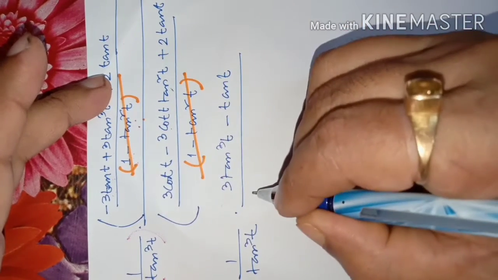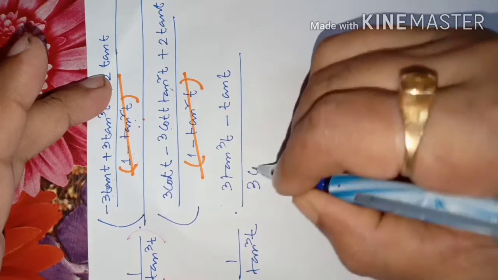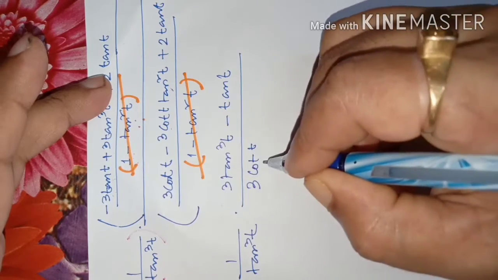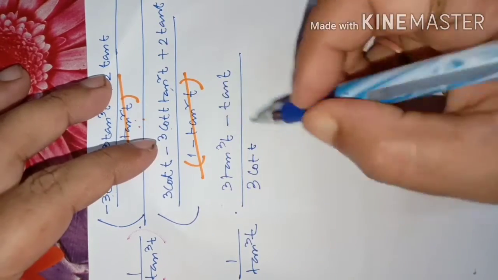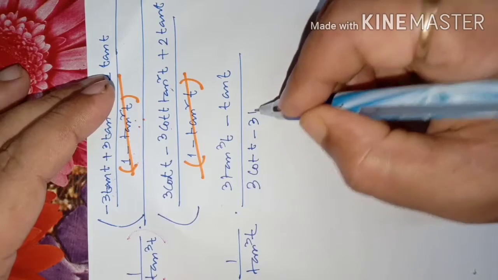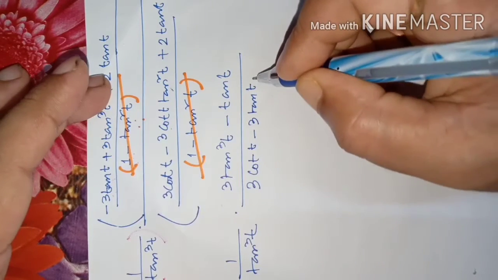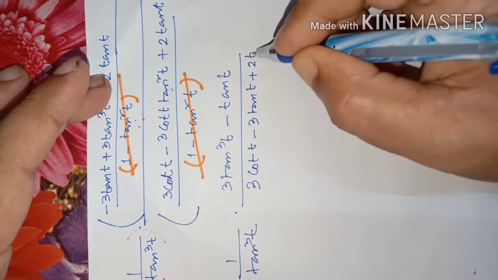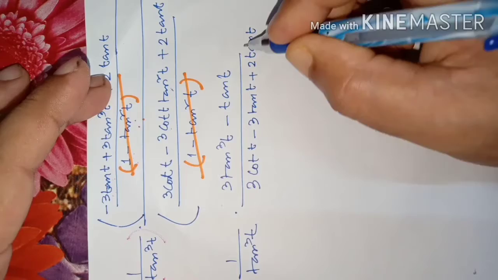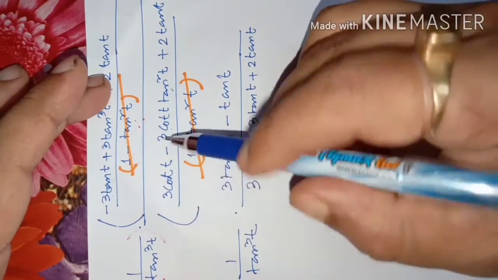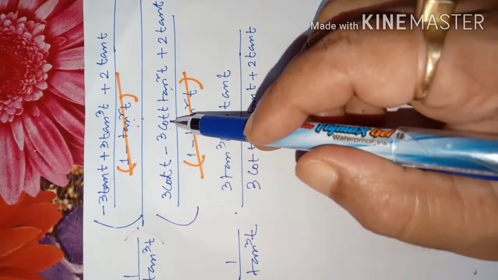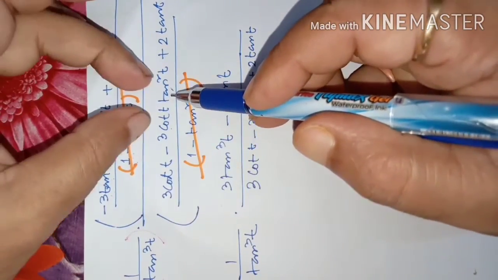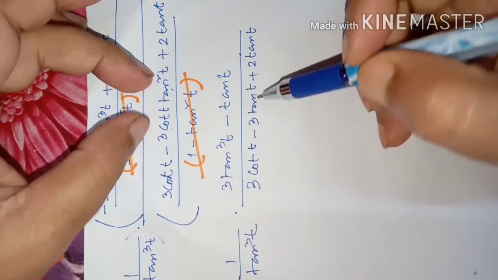So it will be 3 cot t, then this is minus 3 tan t plus 2 tan t, because you understand that this 3 cot t, 1 cot t and 1 tan t, their product is 1 and another tan t will remain, so that is there.